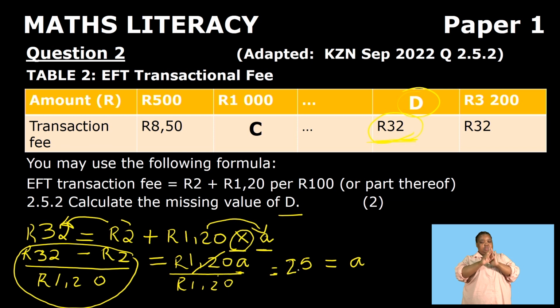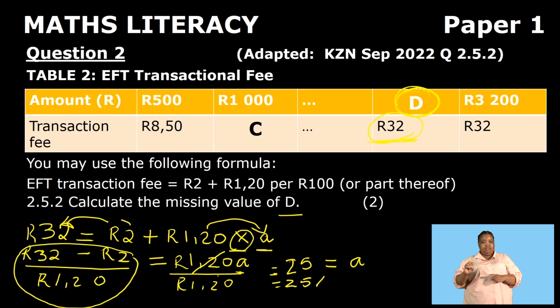So here it's 25. So now 25 100 Rand notes. Remember, we need to determine the amount, or we need to show the total amount. So we are going to have 25 100 Rand notes, 25 multiplied by 100.